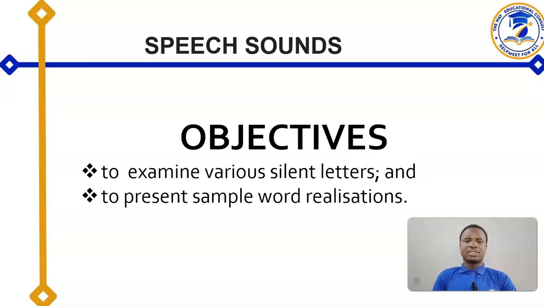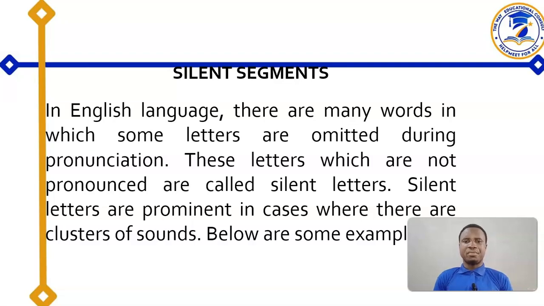At the end of this class, you're expected to be able to know silent letters, their sample realizations, and the words where you find those letters that have been omitted in expressions. In the English language, there are many words in which some letters are omitted during pronunciation.